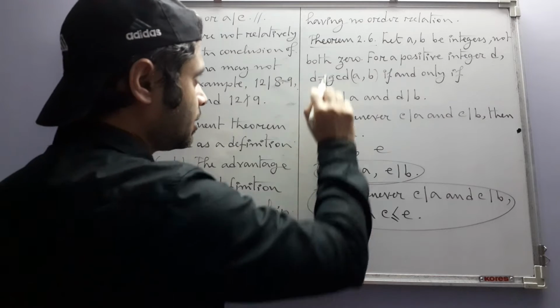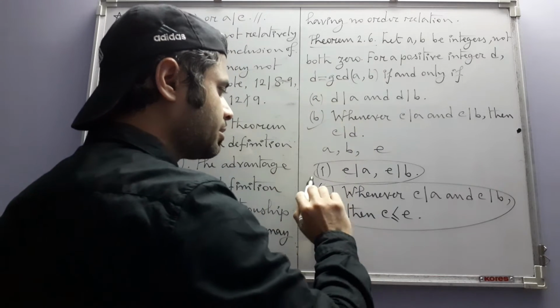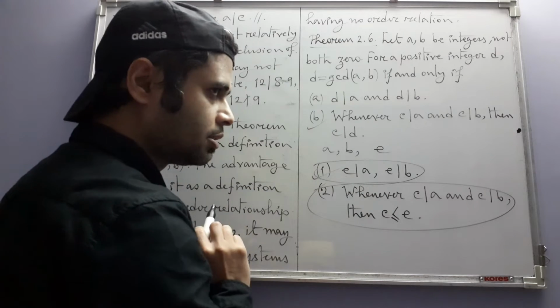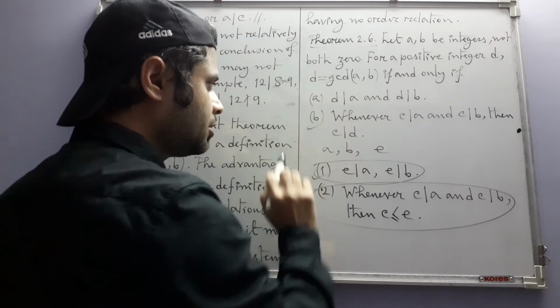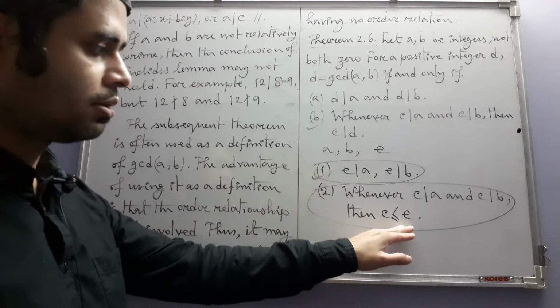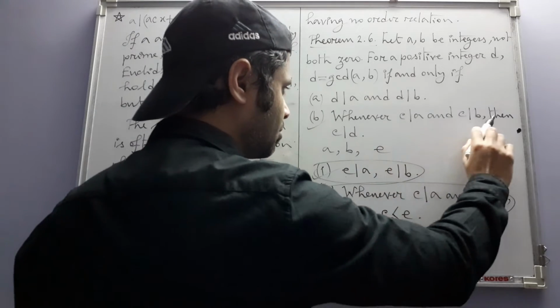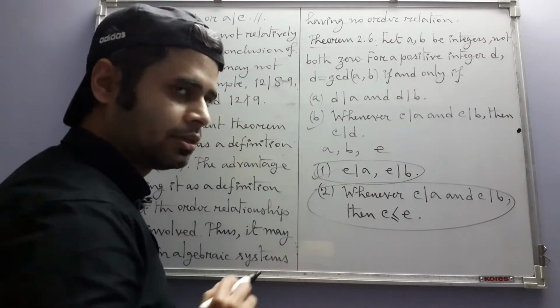Now in this theorem, condition a is just the same as condition 1 in the original definition of GCD, but condition b is different. It is not like this one. It starts similarly, but then the conclusion is something else.